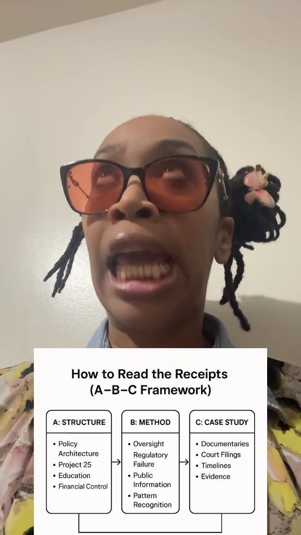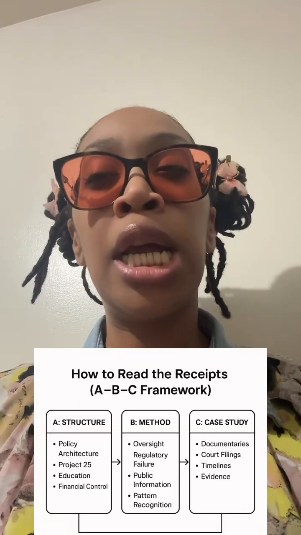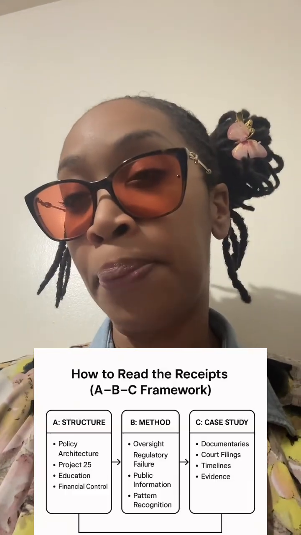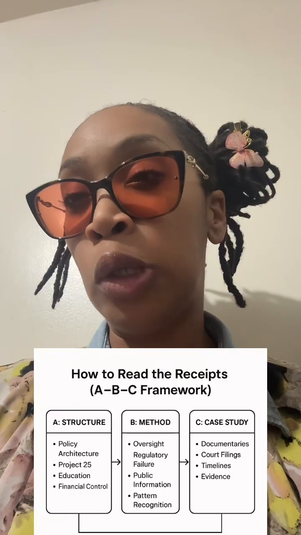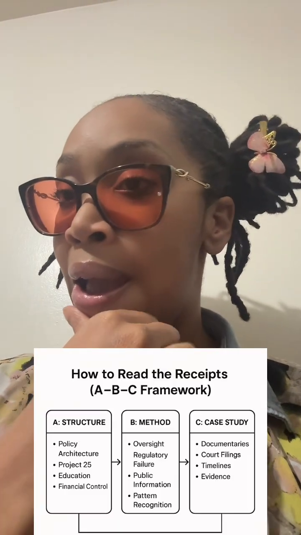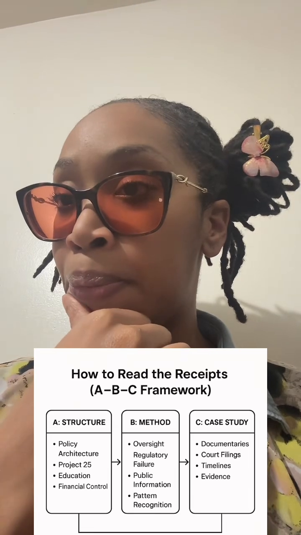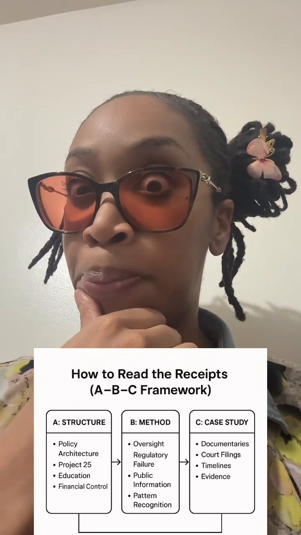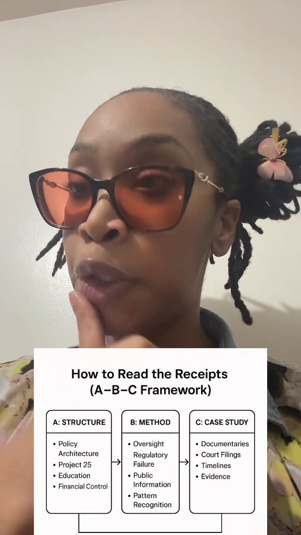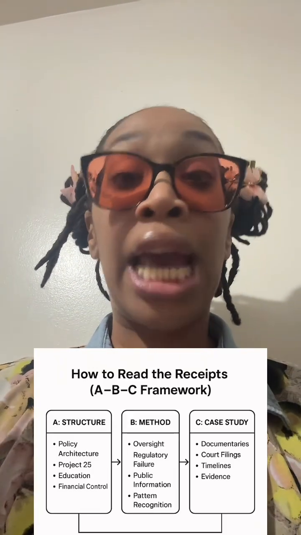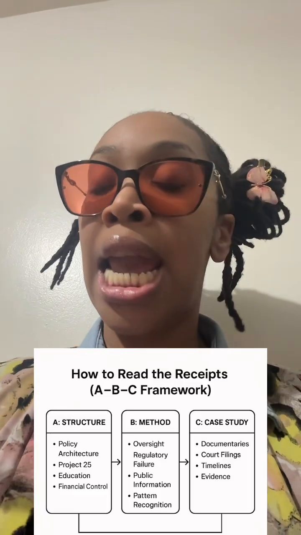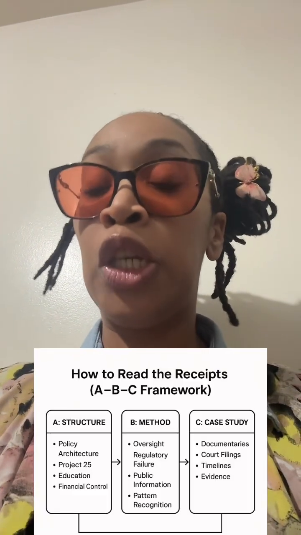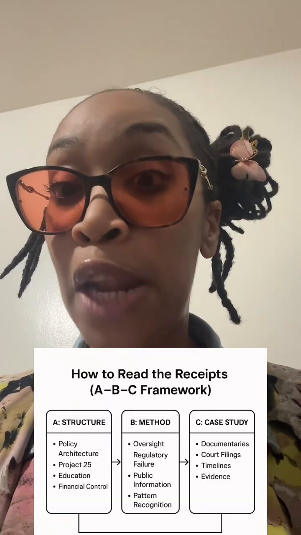This section explains what regulatory oversight is supposed to look like, how oversight fails, and how we identify those failures using what? Public information.